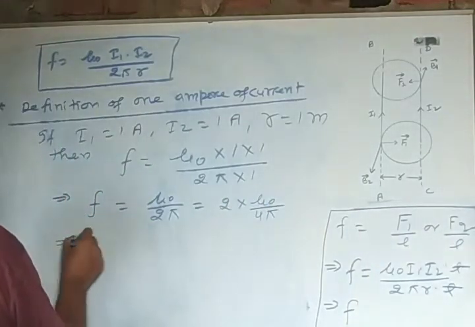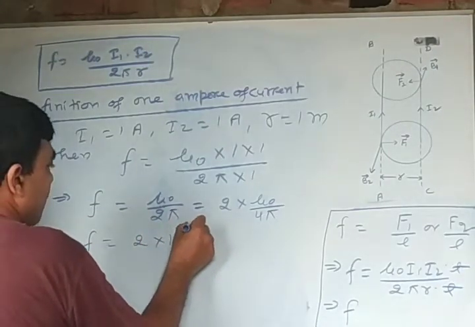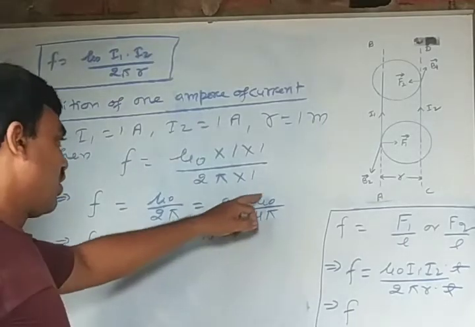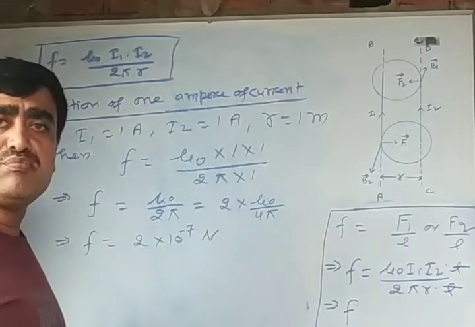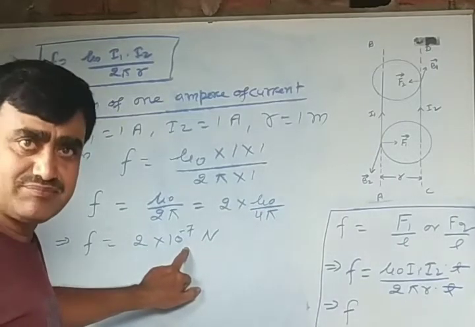That implies F is equal to 2 into 10 to the power minus 7 Newton, because the numerical value of mu naught upon 4 pi is 10 to the power minus 7.